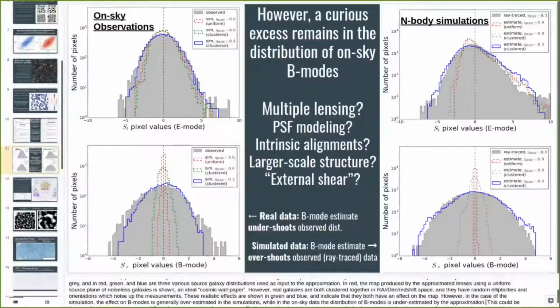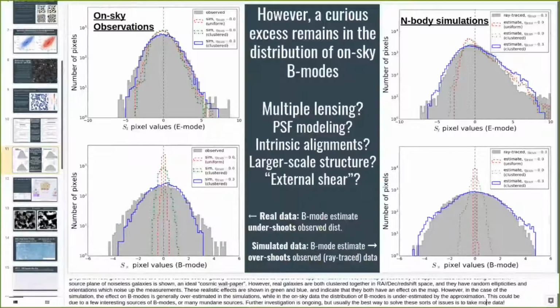In the case of the simulation, the effect on B modes is generally overestimated, while the on-sky data shows an underestimation given by the approximation. This could be due to a few interesting sources of B modes or many mundane sources. Further investigation is ongoing, but usually the best way to solve these sorts of issues is to take more data.